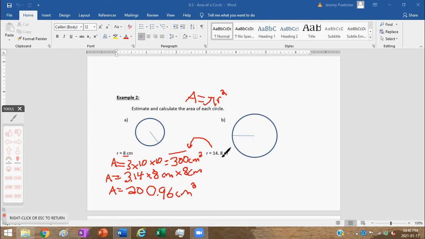Maybe I can do like, I know in my head, 15 times 15 is 225. And if I multiply that by 3, that'd be 675. Those are kind of my options here. So I'm going to actually just round down to 10 and know that my answer is going to be a good bit bigger than my estimate.